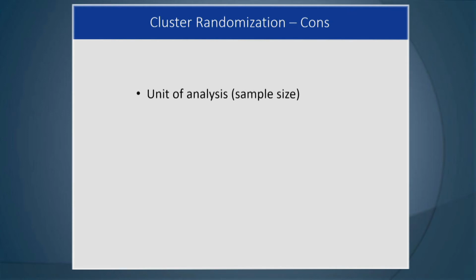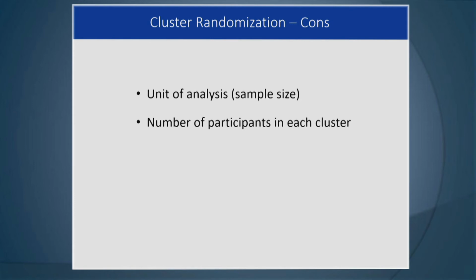The unit of analysis should be the unit of randomization, but that's not really what you're doing. You're analyzing individuals. So it's a little bit off, and some things need to be done to take care of that.